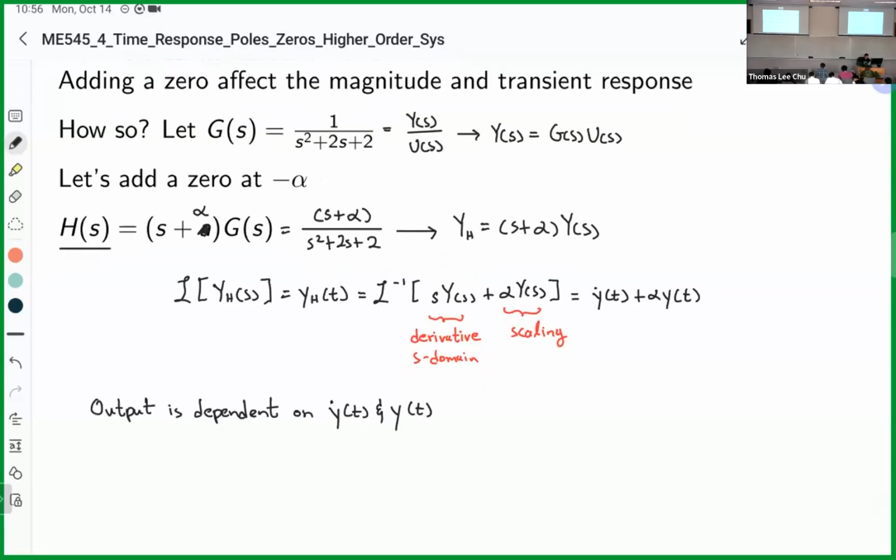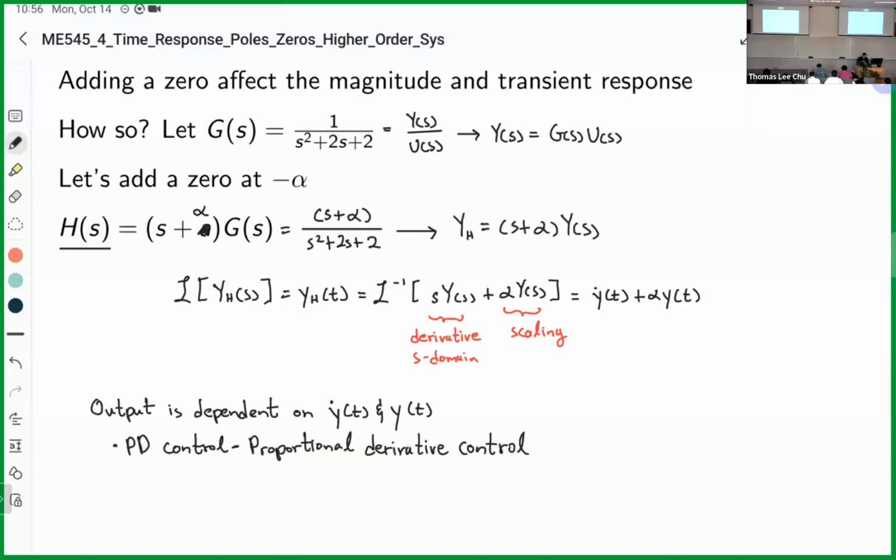And I guess this is a sneak peek into derivative control, known as PD control, proportional derivative control.